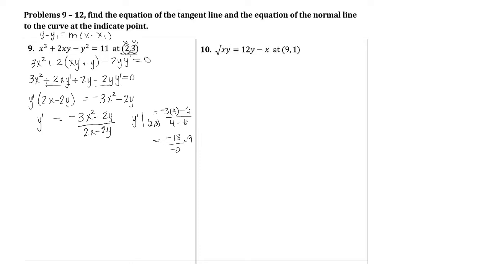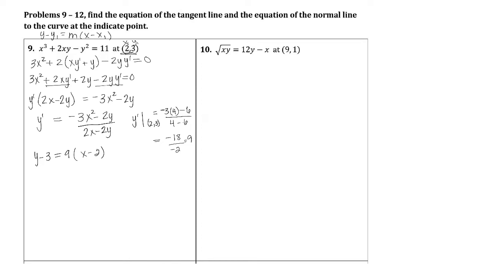So now we have everything we need to write our equation. We have y minus, and our y1 value is 3, equals our slope times x minus our x value. And so the only difference between this and the equation of the normal line would be our slope.